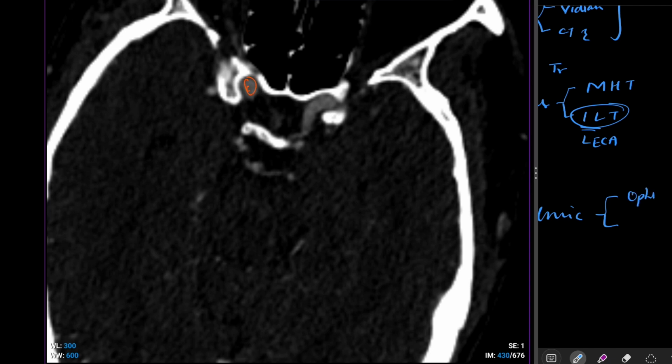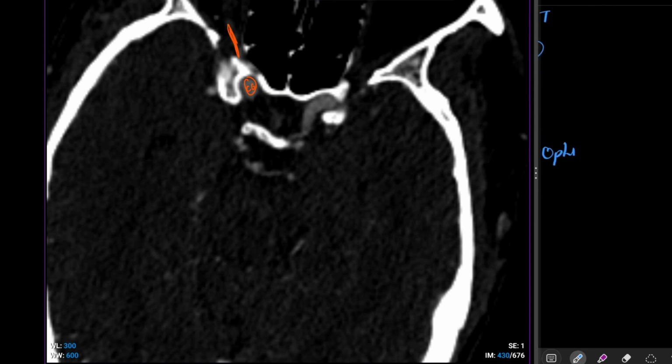This is the C6 part of the internal carotid artery, and this one is the ophthalmic branch of the C6 part. The second branch given by the ophthalmic segment of the internal carotid artery is the superior hypophyseal artery.